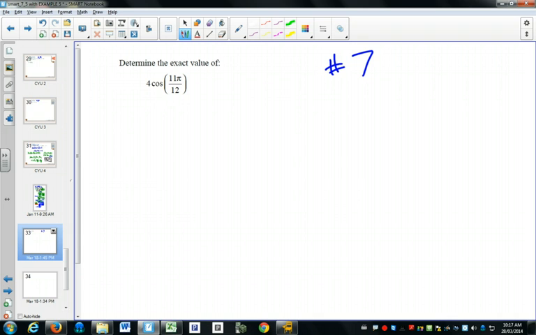So the first thing I would do is write out on my exam that I'm just going to figure out cos of 11 pi over 12 first. Then whatever answer I get, I can multiply it by 4 afterwards.